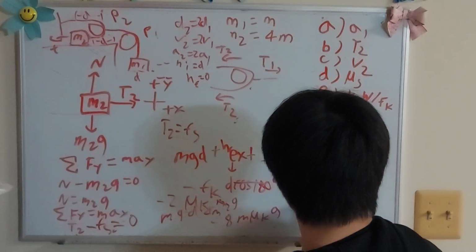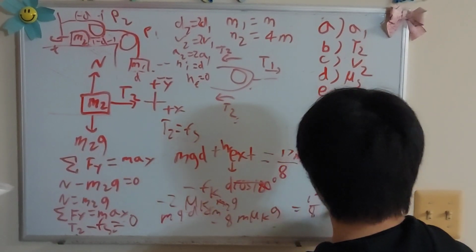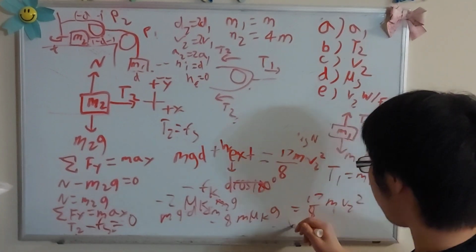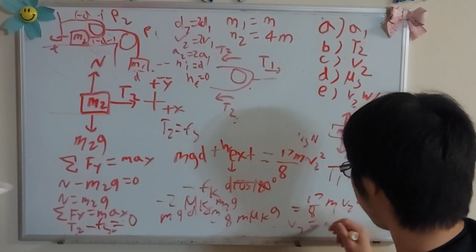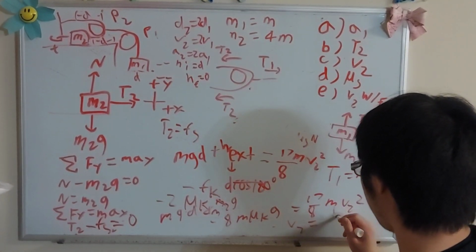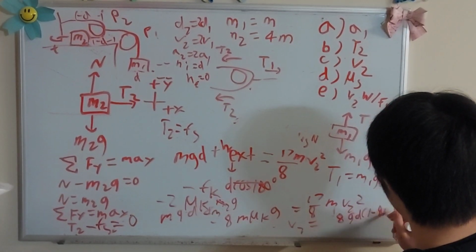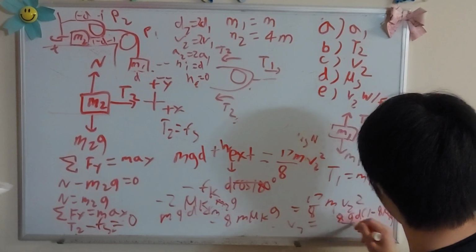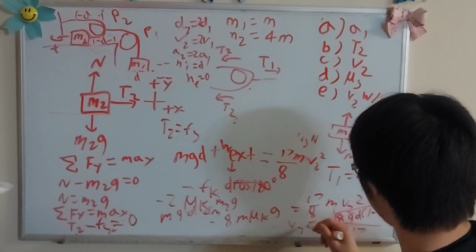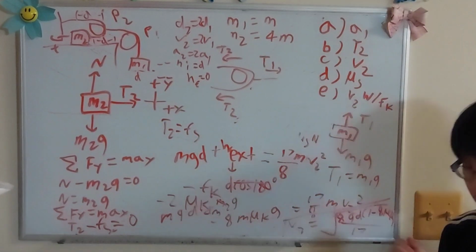Carry what we just found from the top, and now we can solve for v2. Speeding up the calculations gives us that the velocity of 2 is equal to 8gd(1 minus 8 mu k) over 17, and the square root of that is our final answer.